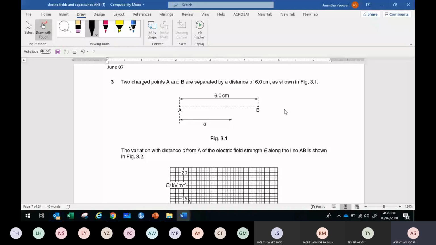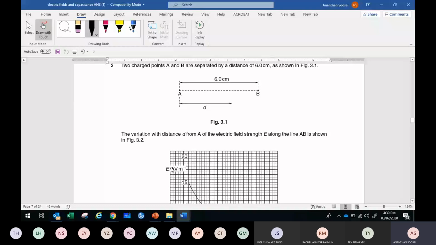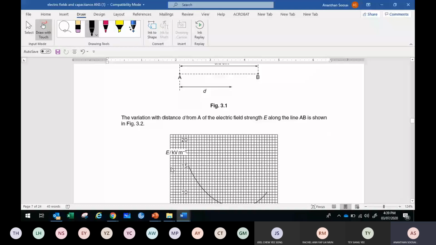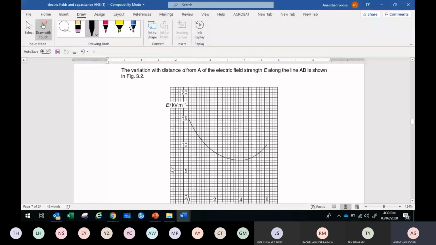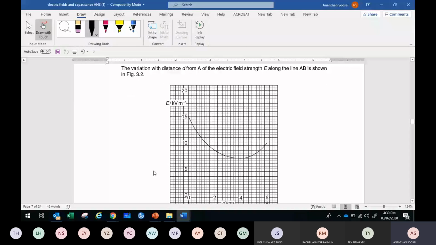Okay, let me slow down. They say the electric field varies like this with distance from A to B. It has a minimum value, electric field strength.